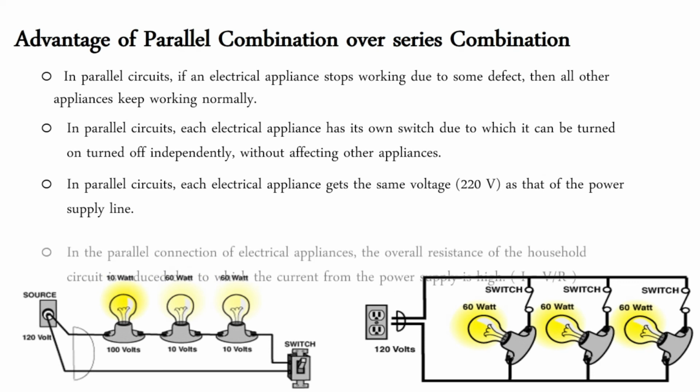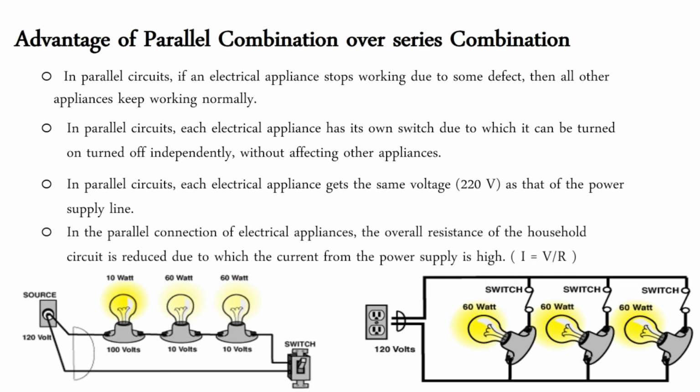Now the next point is, if we connect the appliances in parallel combination, what will happen to the resistance? The resistance will decrease, because what is the formula? 1 upon R is equal to 1 upon R1 plus 1 upon R2 plus 1 upon R3. Suppose we have taken 3 resistors, 2 ohm, 4 ohm and 6 ohm.